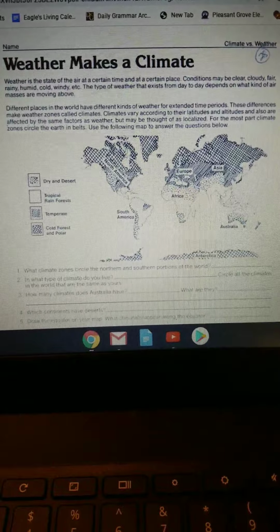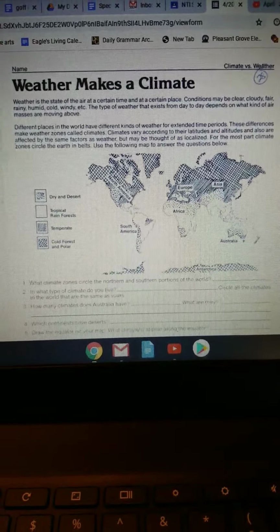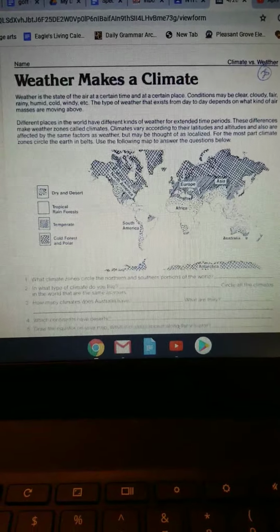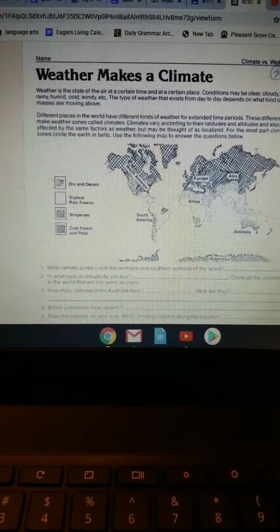Weather makes a climate. So I'm going to read this, kind of describe the map to you, and read the questions. So this is our science assignment for today. It says weather is the state of the air at a certain time at a certain place.